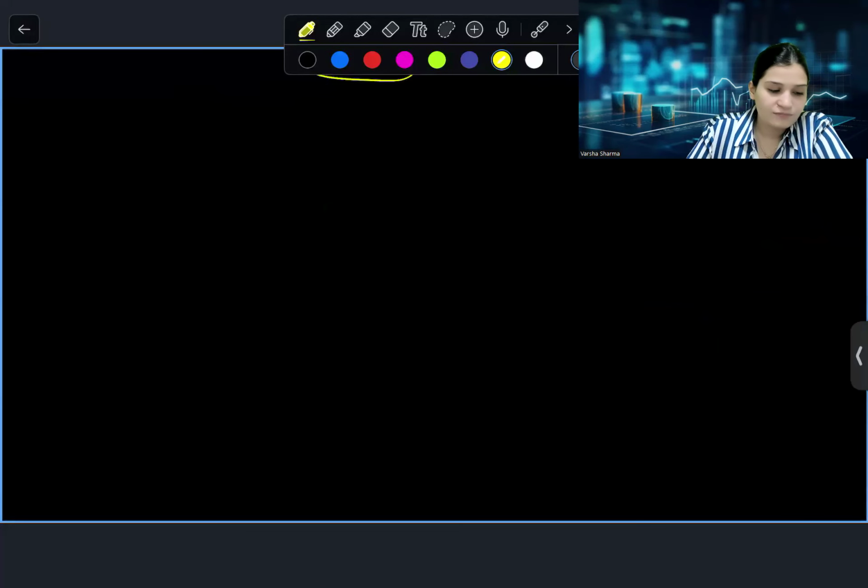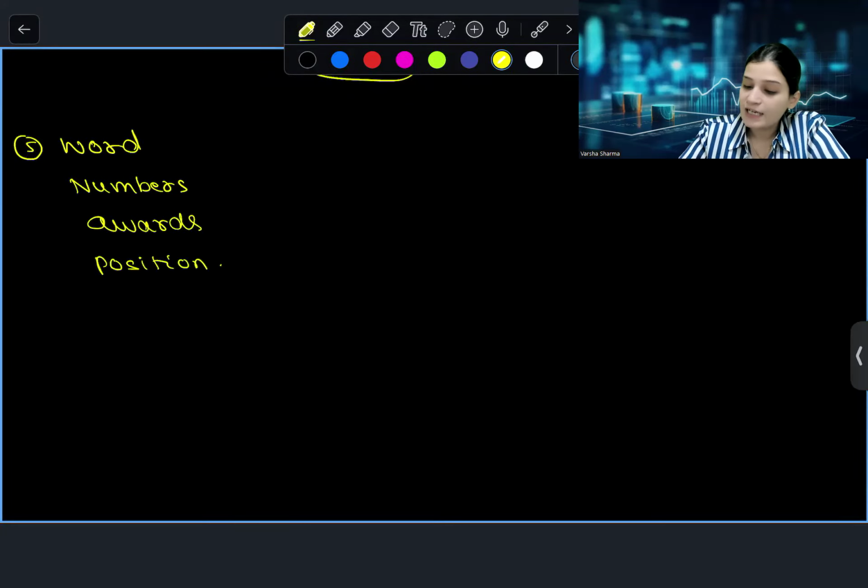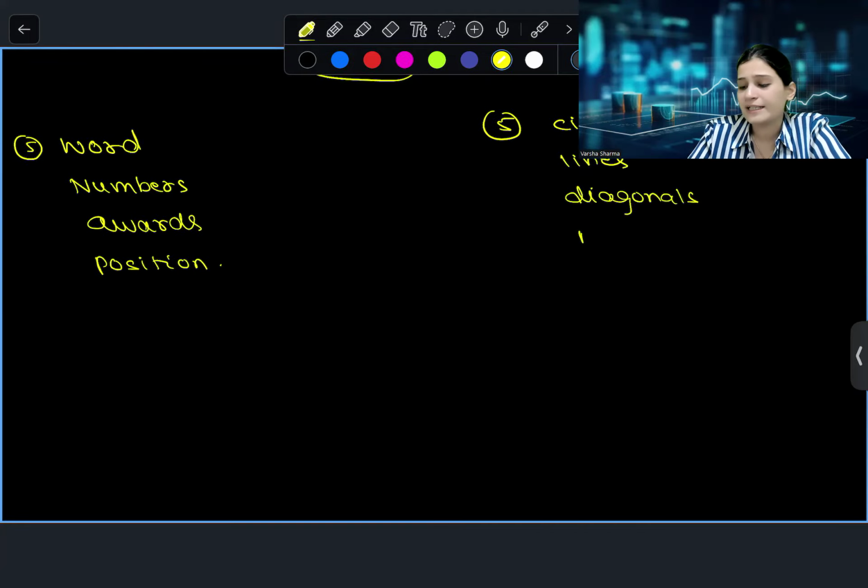Okay. In case of permutation, we form words, we form numbers, we give awards, we give positions like treasurer, and all those things. When it comes to combination, all geometry, circles, lines, diagonals, parallelograms, rectangles, all geometrical figures come in combination.